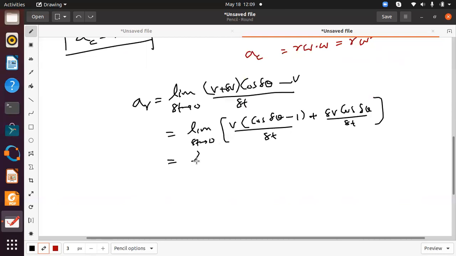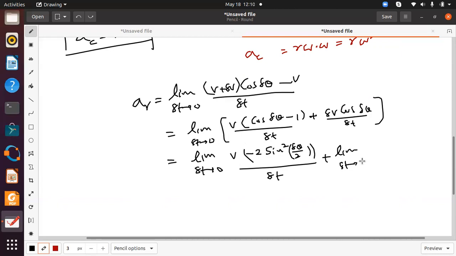So what is this? Limit as delta t tends to 0 of v (cos delta theta minus 1). Cos delta theta minus 1 is minus twice sine squared of delta theta over 2. Divide by delta theta. Plus the limit as delta t tends to 0 of delta v over delta t times cos delta theta.